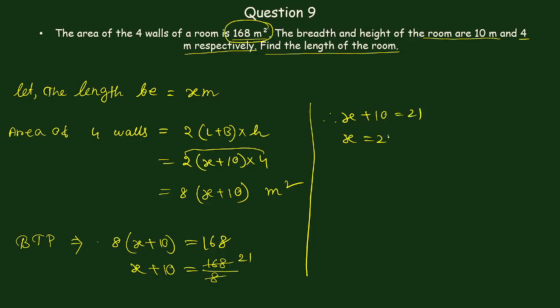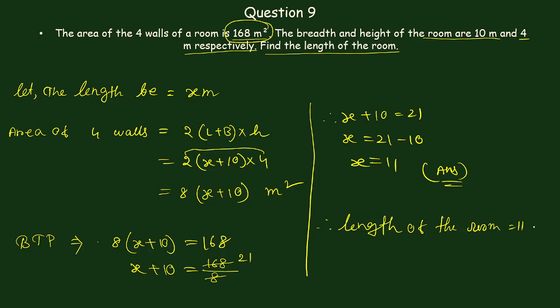So x will be 21 minus 10, that is 11. Your final answer: therefore the length of the room is equal to 11 meter. Just the back calculation of the previous question. Okay.